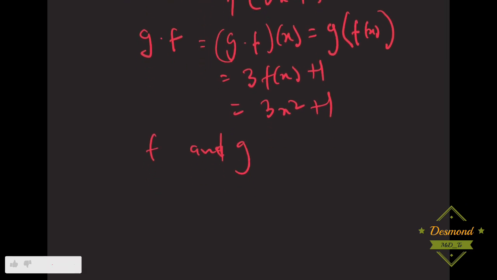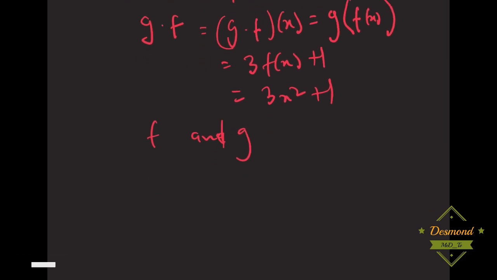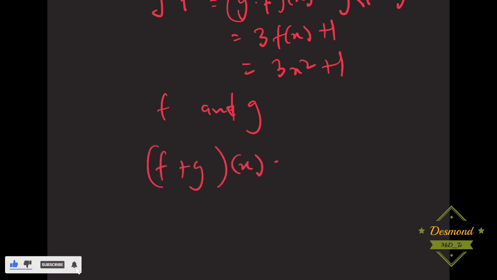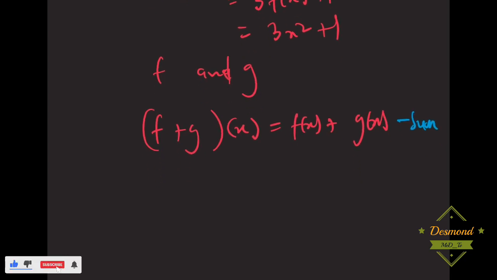We can define 4 new functions. Let's look at the first one. We can have f plus g of x, which is equal to f of x plus g of x. This is the sum.